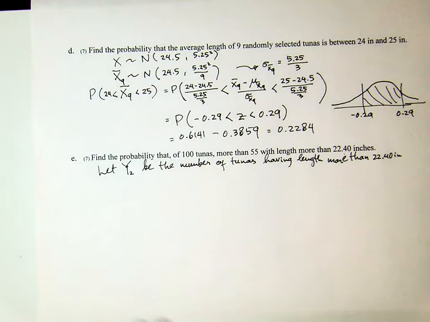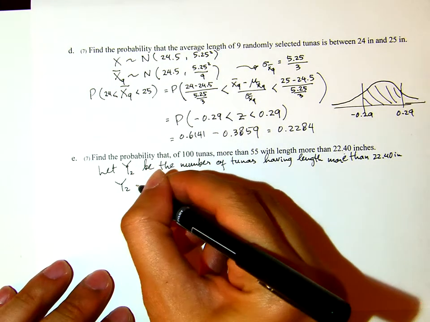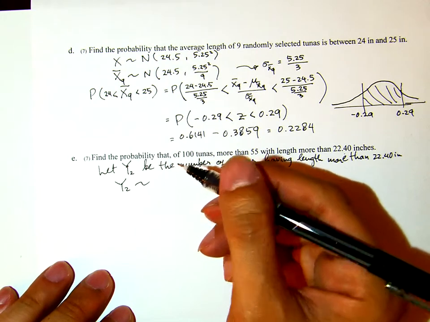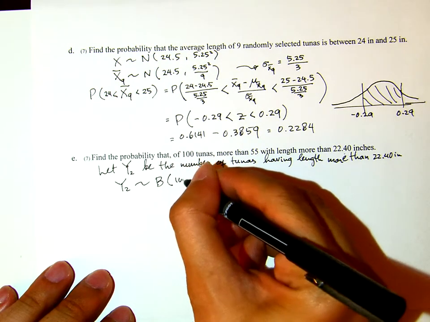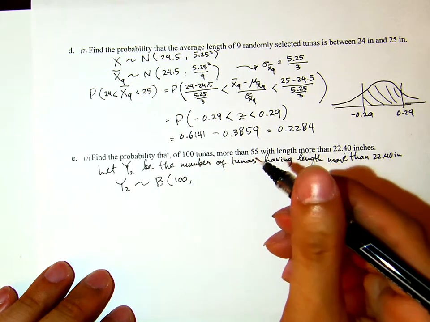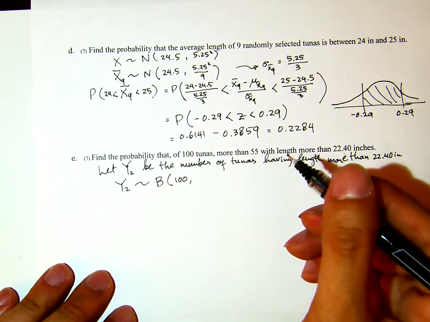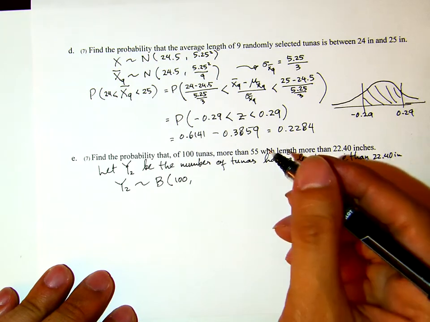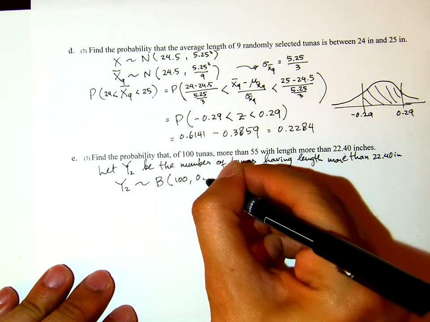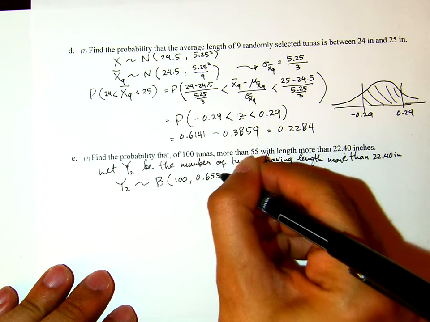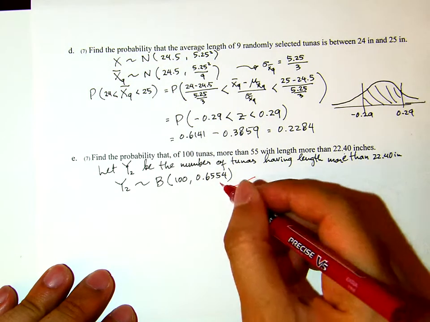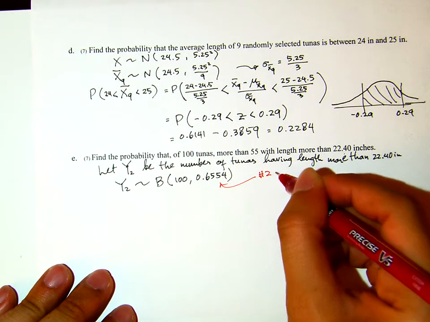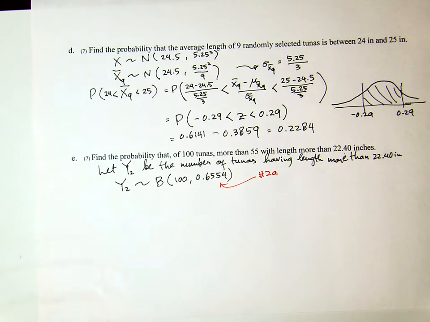Now this y2, similar to part C, is binomially distributed, but this time the parameters are 100 trials, right, and the probability for each tuna to have length more than 22.40 inches is 0.6554. If you want to know how I get that number, take a look again at part A. Take a look at number 2A, which we did in the other video.